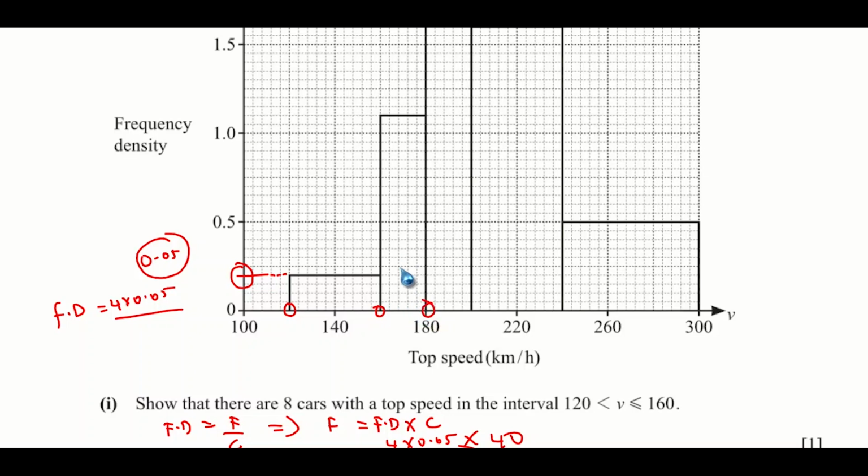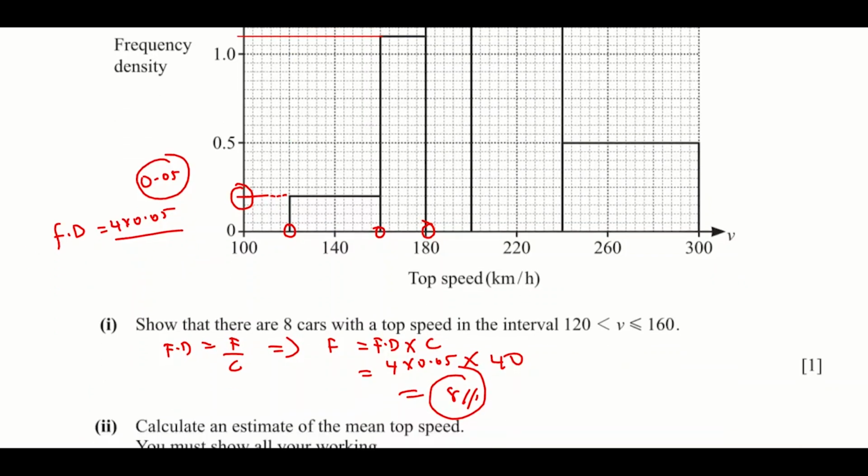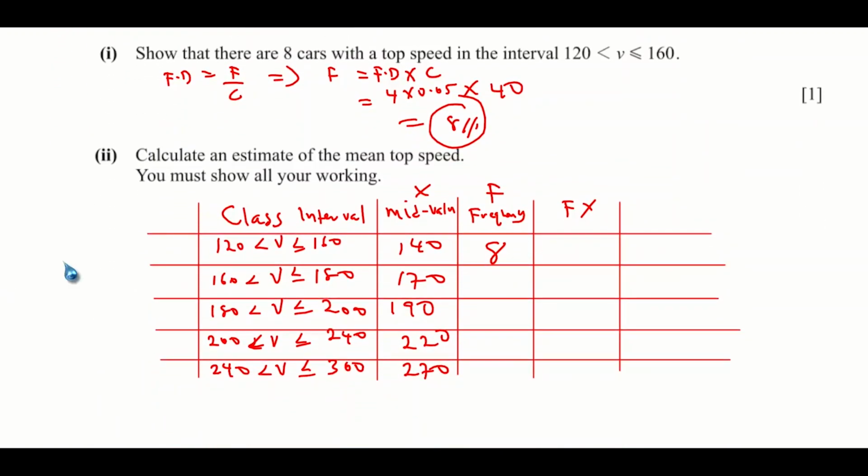So for this one, we need to get the frequency density, because that will help us, just like what we did for the first one. So the frequency is equal to the product of the frequency density and the class size. So that's what we're going to do for each of these.